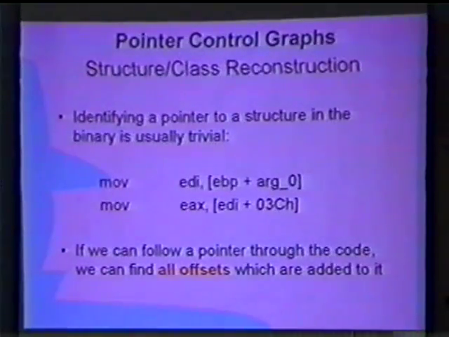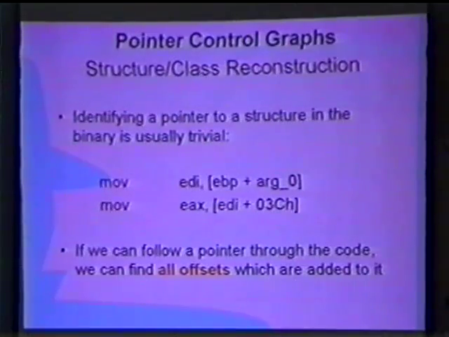First off, we need to identify a pointer to a structure. Identifying a pointer to a structure is really not hard. If you have some pointer with a positive offset from it, somebody's either accessing a specific member or a specific index into an array or a structure. But for all practical purposes, an array is a structure as well. It's just a structure with the same structure members over and over.